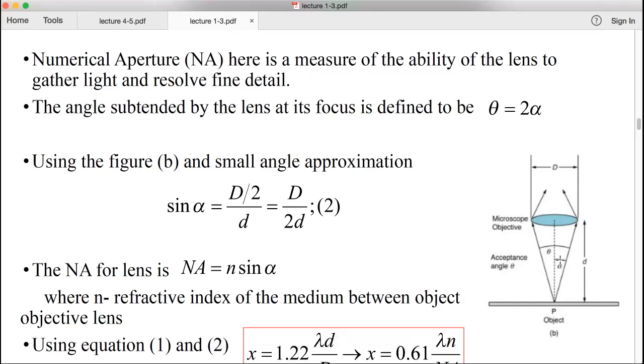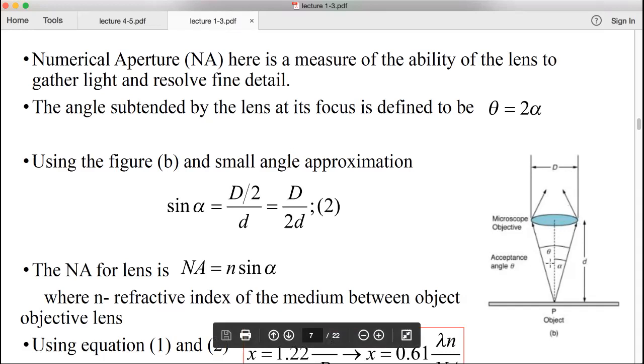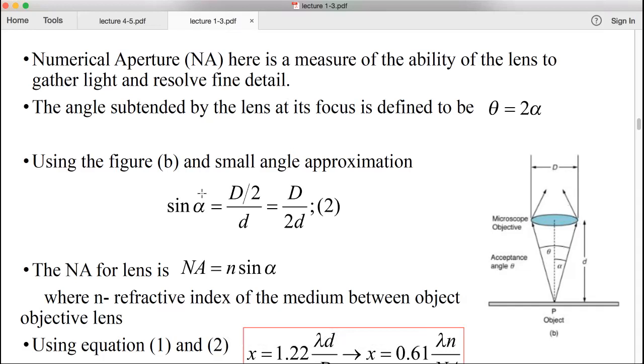And why do we go ahead with alpha here? Because alpha is easier to find. Since we know this is capital D, we can halve it here, it's capital D over 2. And we know this distance is small d, and then we can come up with the equation sine alpha to be D over 2 over d.